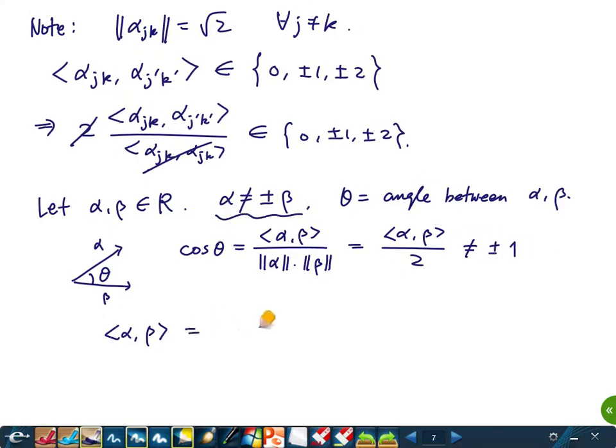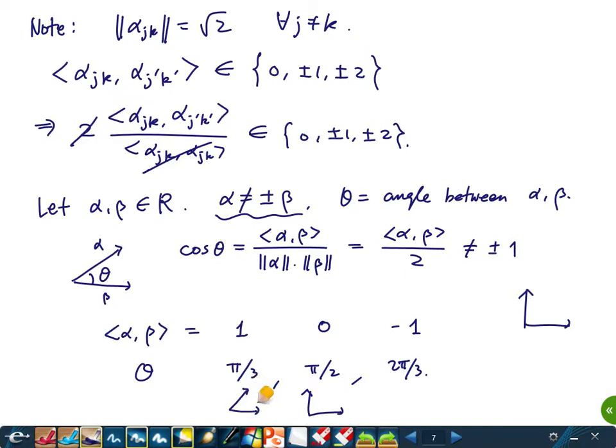So if this is plus 1, 0, or minus 1, we have 3 possibilities. In each case, theta is going to be pi over 3, pi over 2, 2 pi over 3. These are the only possible angles. Either they are at a right angle, or something like this. We always have this.